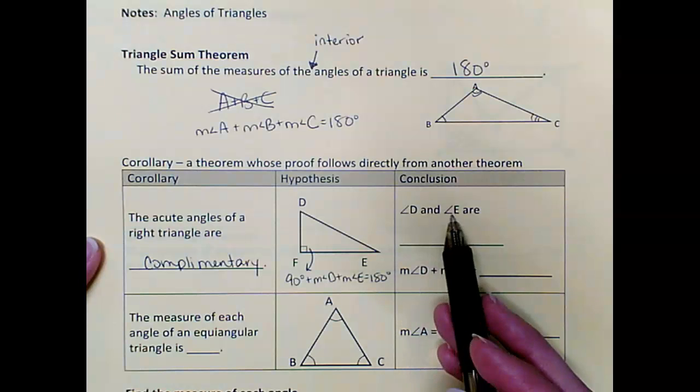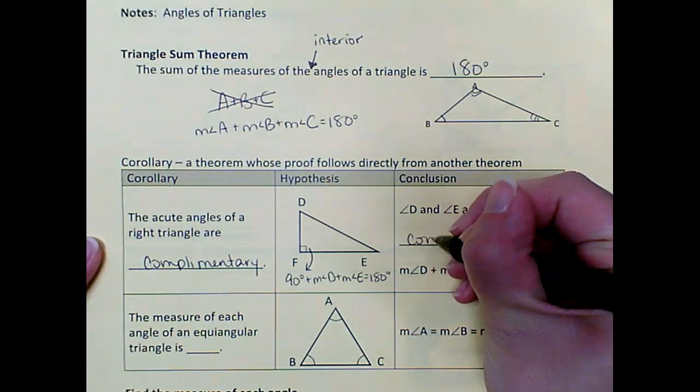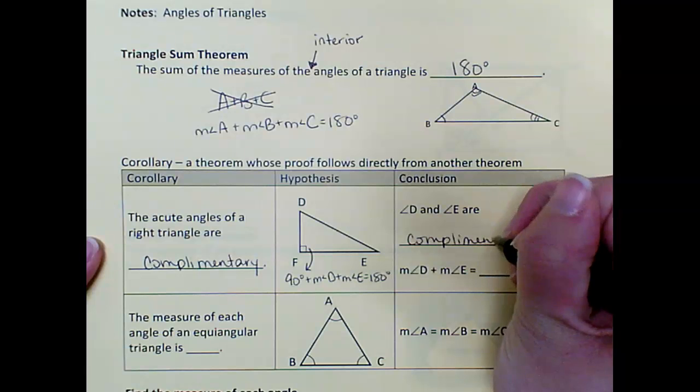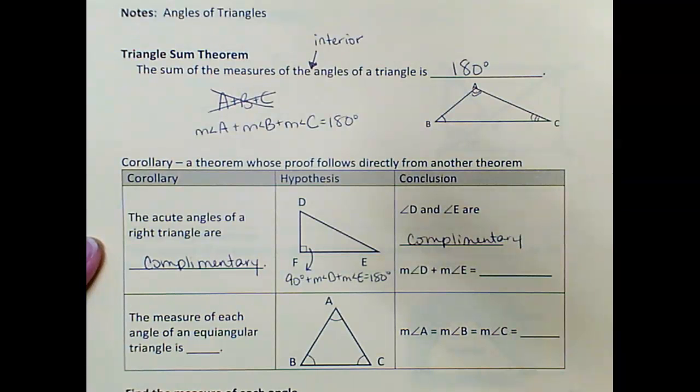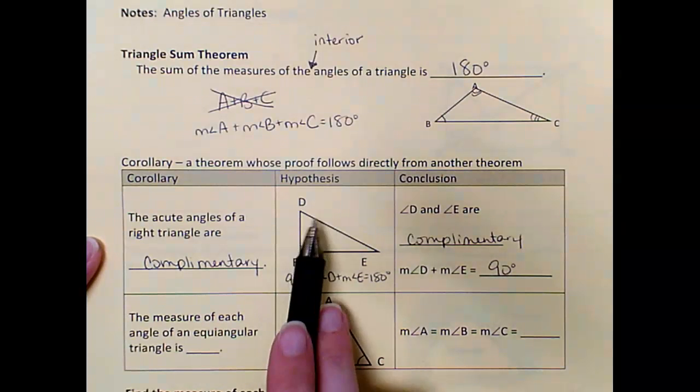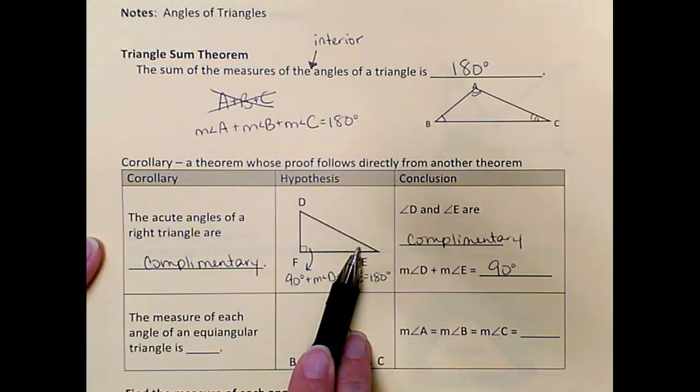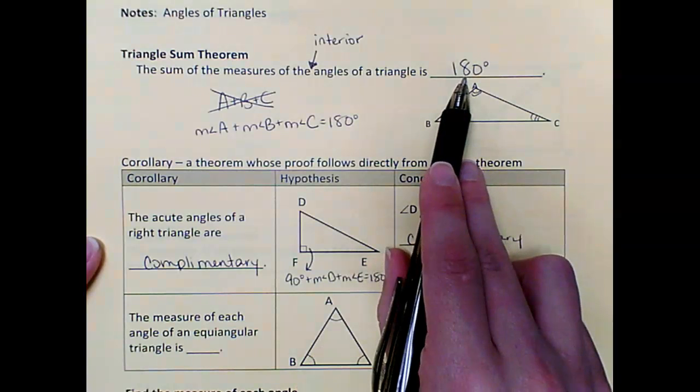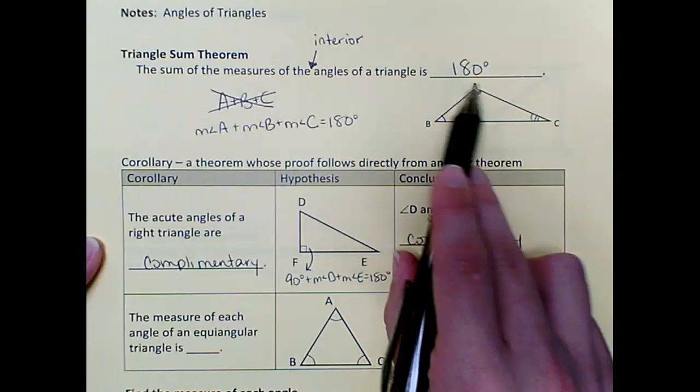So angle D and angle E are complementary. That means that the measure of angle D plus the measure of angle E equals 90 degrees. So we've got 90 plus these two, which also equal 90, to equal the full 180 degrees for the interior angles of a triangle.